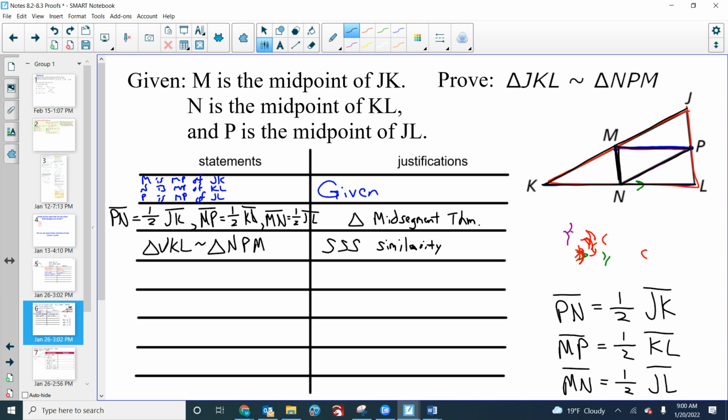That's the definition of a scale factor: if you can multiply one segment times a factor, half, 2, whatever it is, to get another one, they are proportional. You could say all 3 pairs of sides are proportional with a scale factor of 1/2. Definition of scale factor. That'd be fine if you really felt like it. But this is good. Does that make sense?